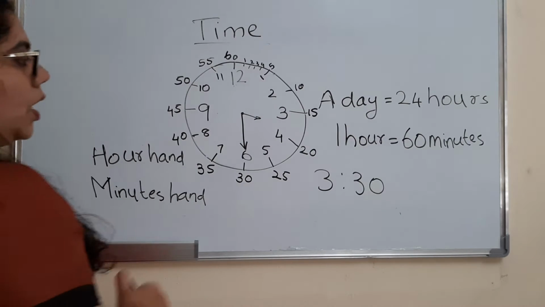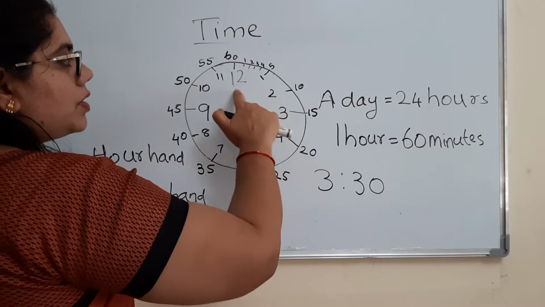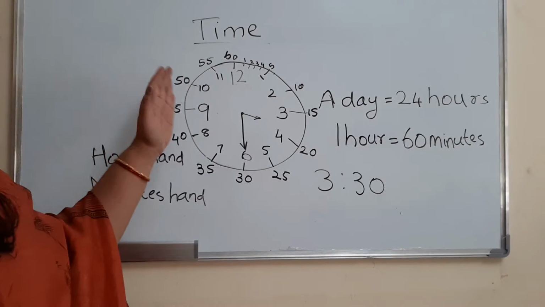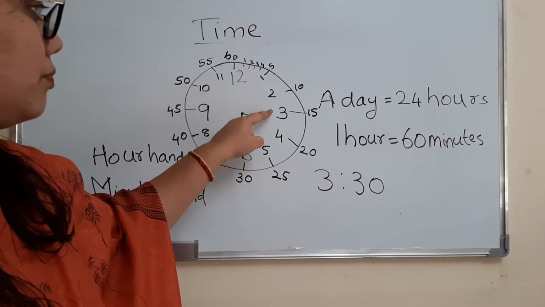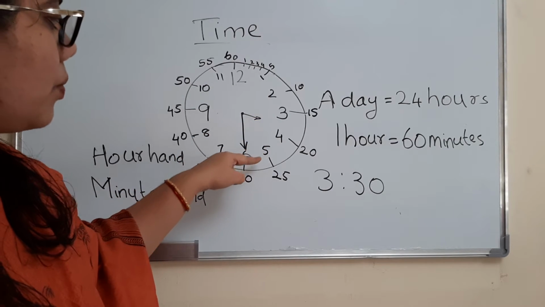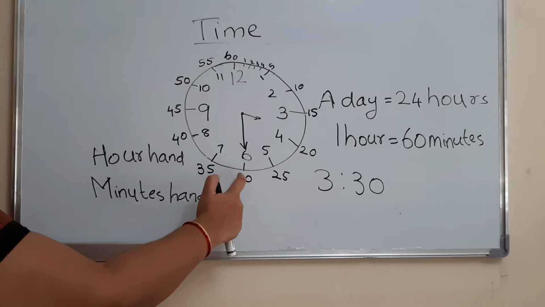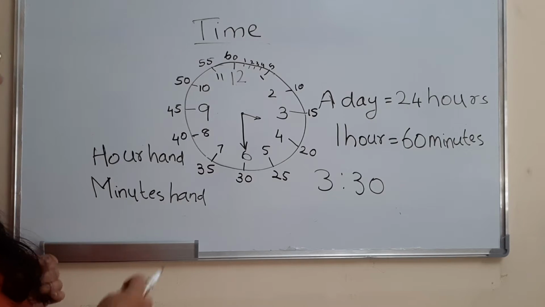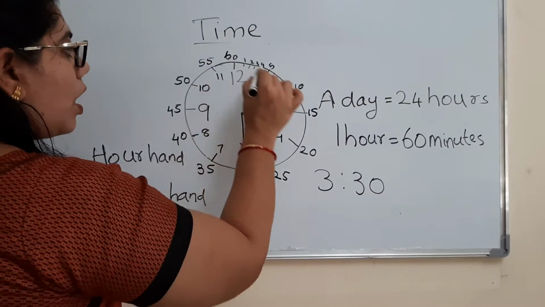So how will we tell it in a sentence? First it was 3 o'clock, right? Then the long hand, the minutes hand, passed 5, 10, 15, like that, and now reached 6. So 30 minutes have already passed, out of a total of 60.